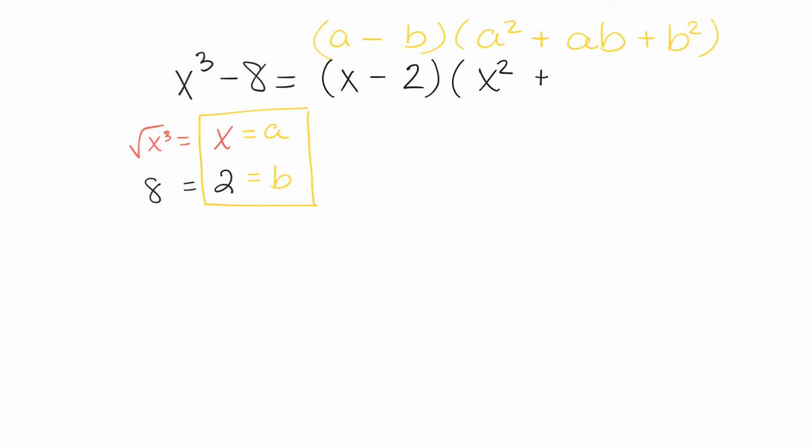So a times b. x times 2 is 2x. And then b squared is 4. That's it. You're done. That's what it looks like. That's as simple as it gets. Let's try another one.